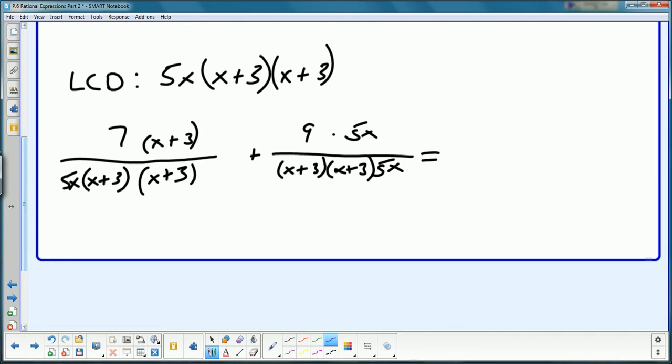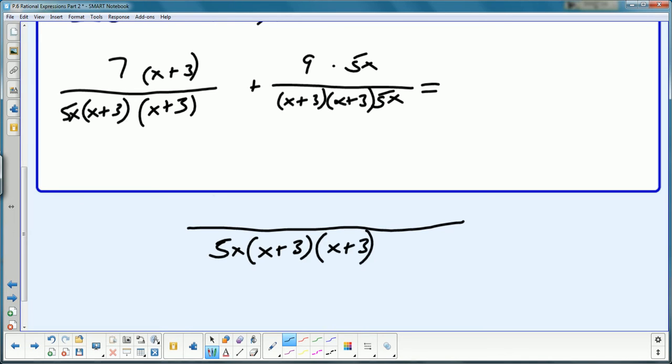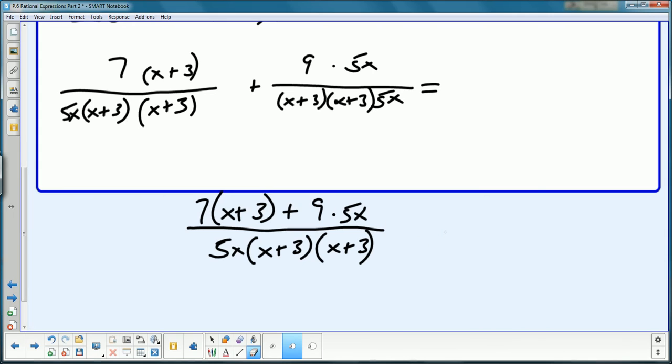So now it turns into just like the last slide. We're going to leave everything over our one denominator, our LCD, and I'm going to rewrite the numerator as one sum of these two. Now we need to simplify a little bit and combine our like terms in the top as we can.